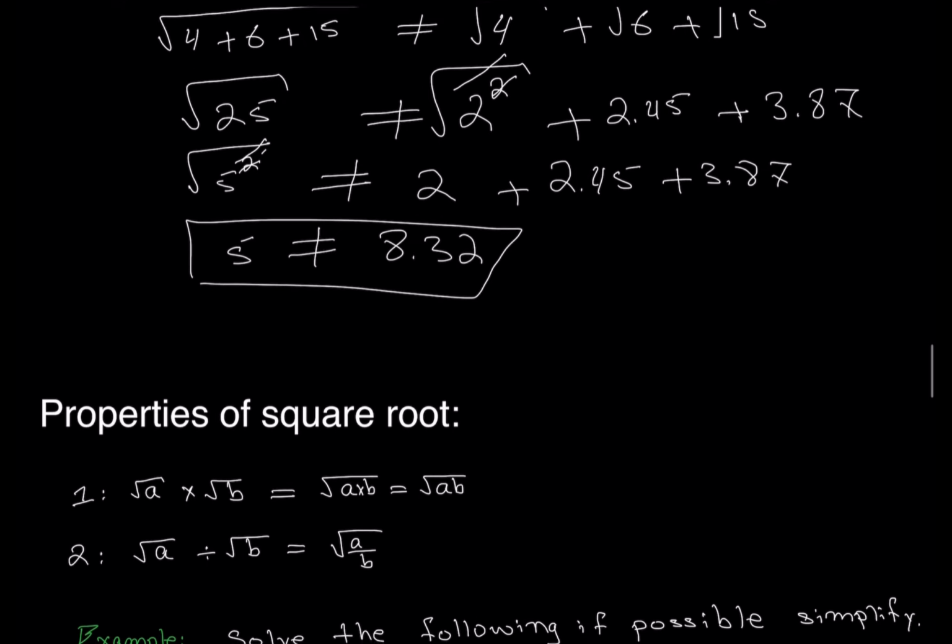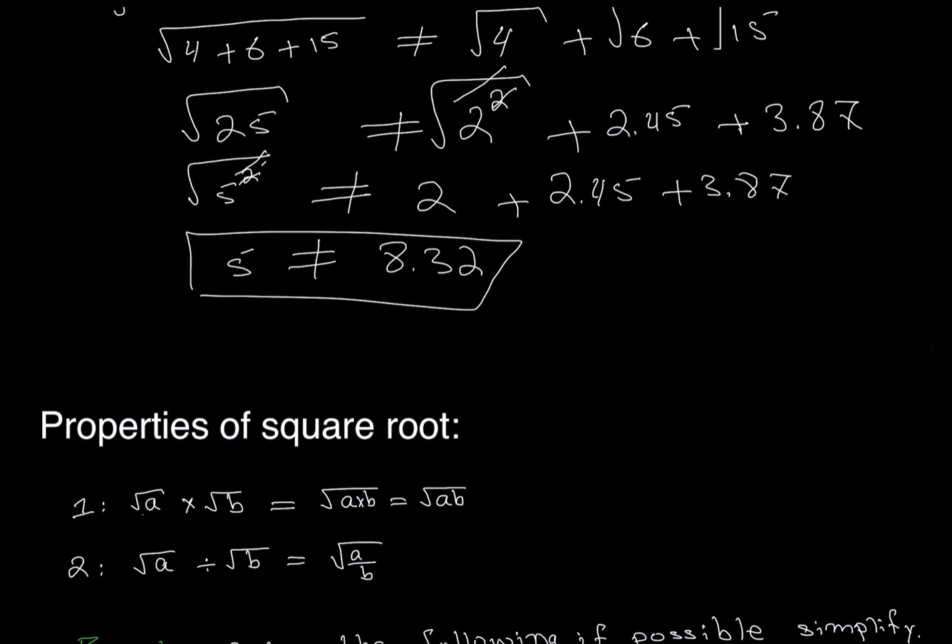But under multiplication, square root of a times square root of b, since the degree of the roots is the same, we can put them under the same root and multiply them. They share the same degree, or the same index number, which is 2. So we can put them under the same square root.